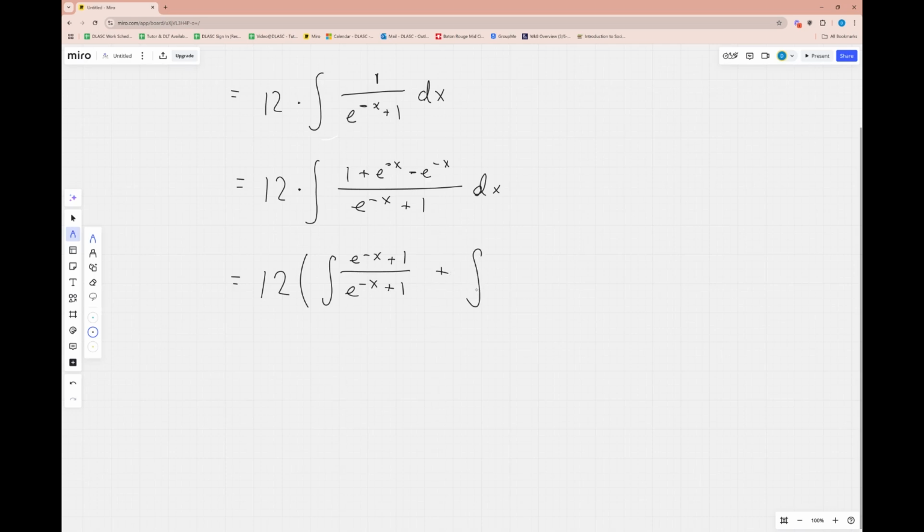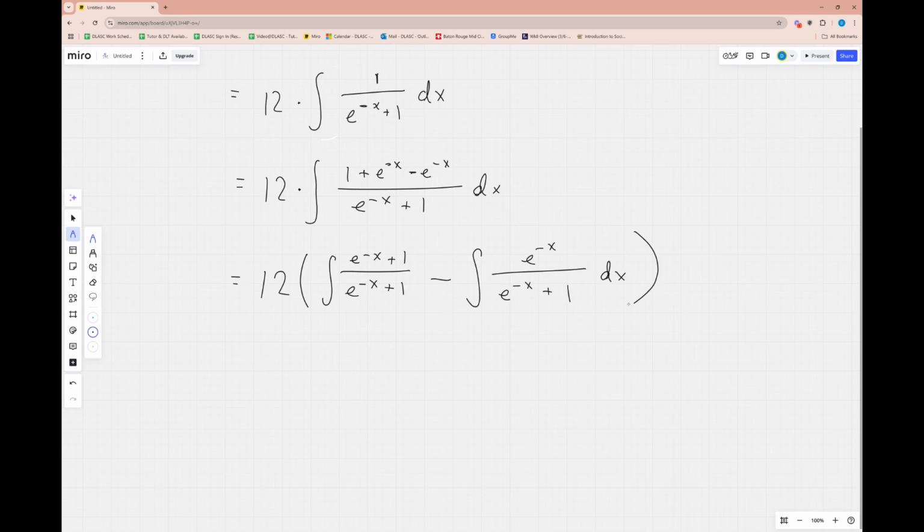Plus the integral of, or actually, we'll go ahead and pull the negative out here, minus e to the negative x over e to the negative x plus 1, like that.